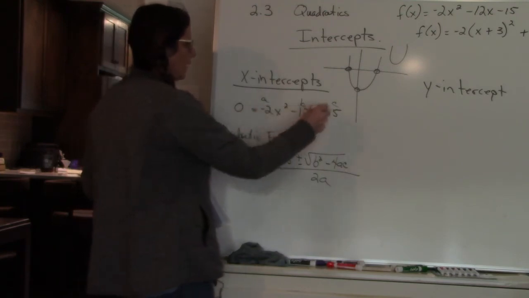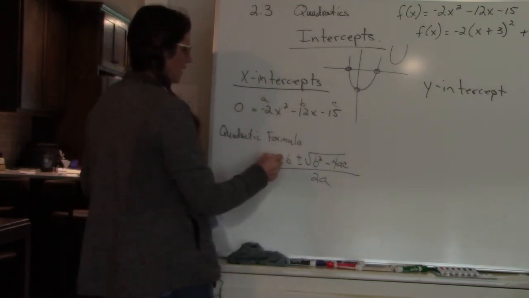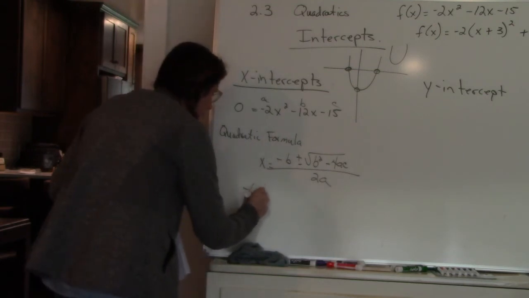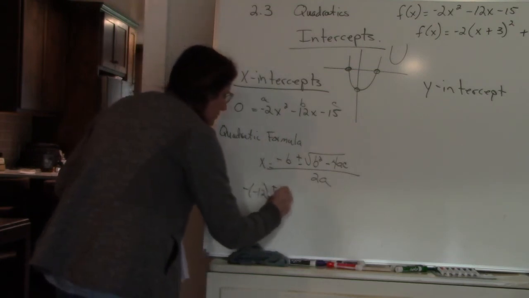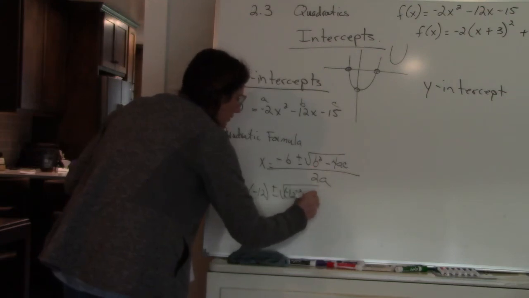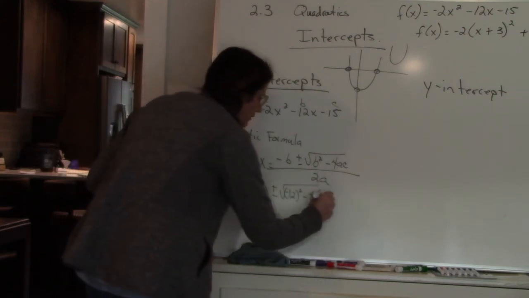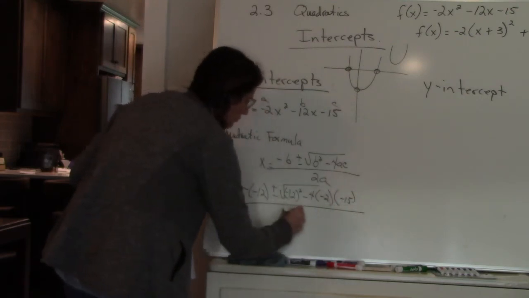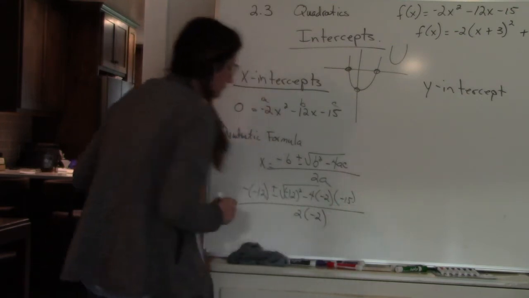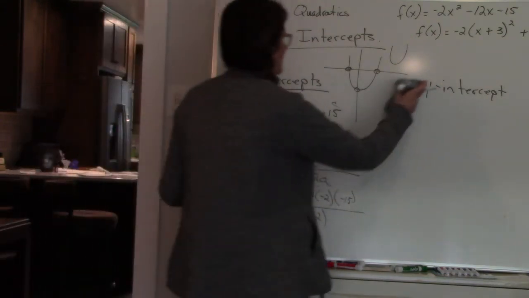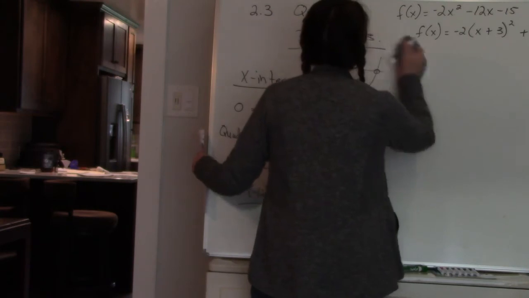So we're going to use a, b, and c. So it's negative b, so negative 12, plus or minus the square root of negative 12 squared, minus 4, a is negative 2, c is negative 15, all over 2 times a. Okay, so now we're going to work this out. I'm going to erase this part because we don't need it anymore.